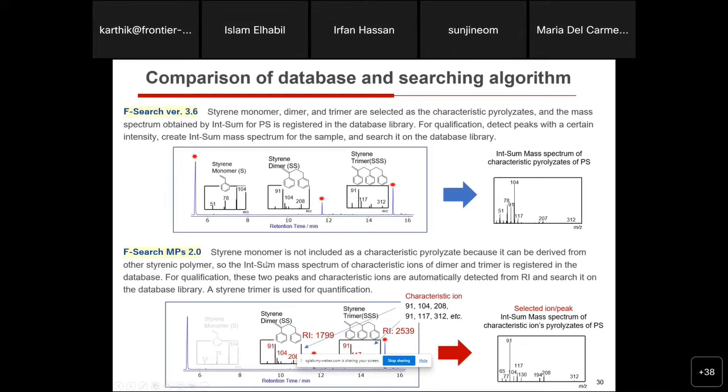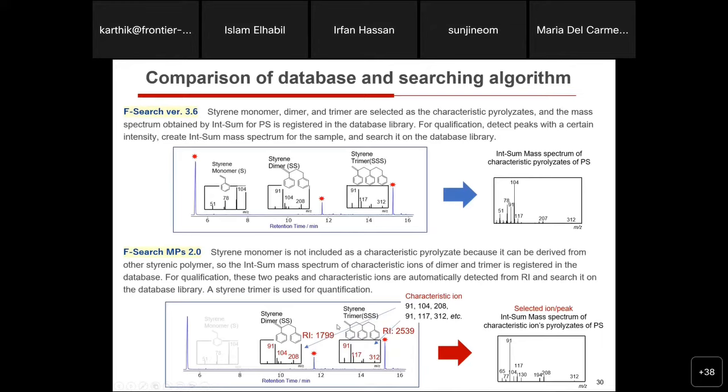So to improve the selectivity, what we have done is we have not used all peaks. We have only used selected peaks for the identification purpose. For example, styrene dimer and styrene trimer are the common peaks for polystyrene.